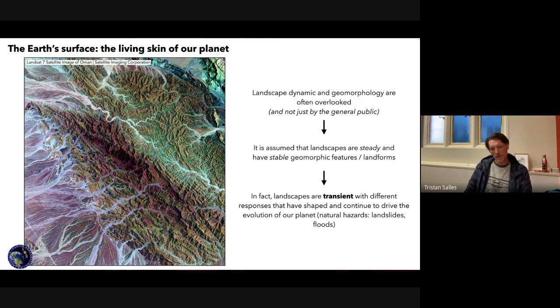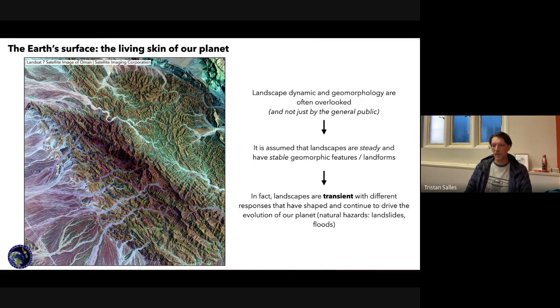When we look at a landscape, and not just the general public, but also many scientists, we often assume that they are relatively steady and stable. For example, we will think that a mountain has always been there, and there is not that much movement. Of course, there are some processes that we can see and feel, like landslides or floods.